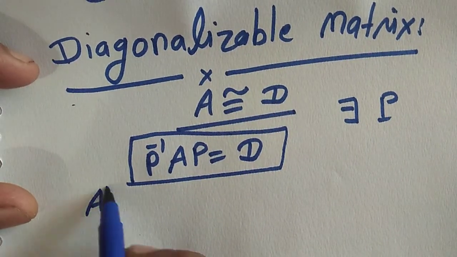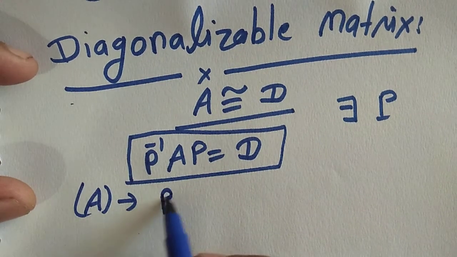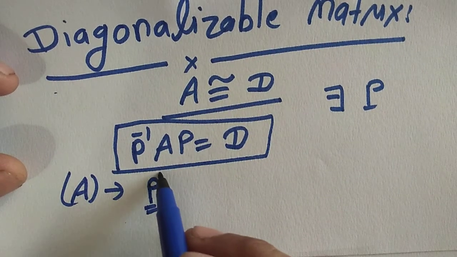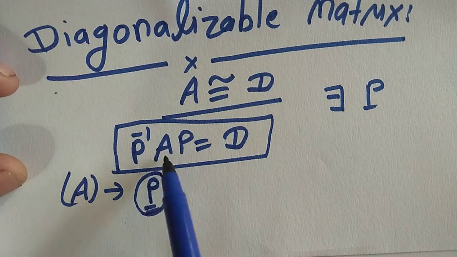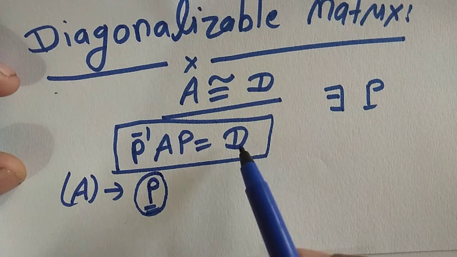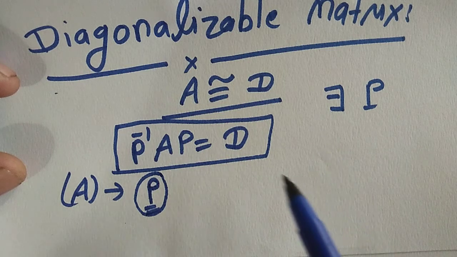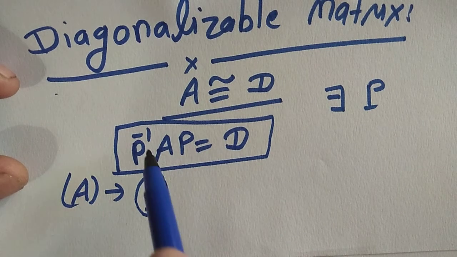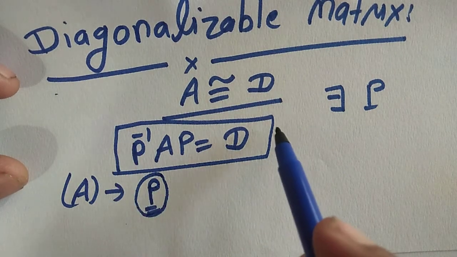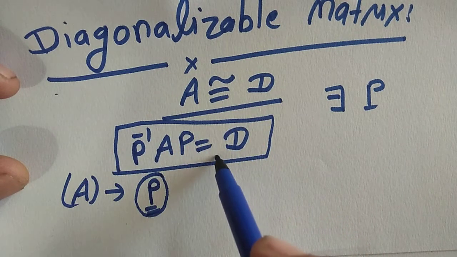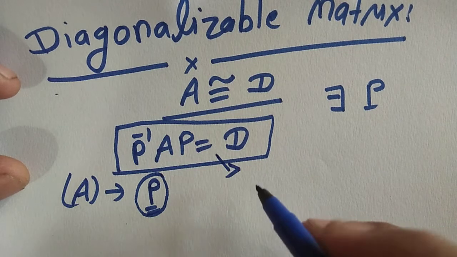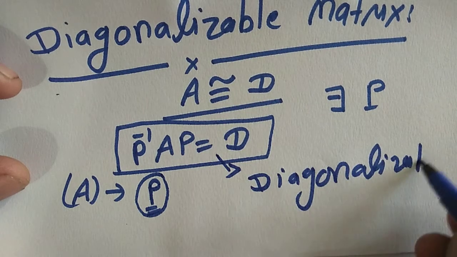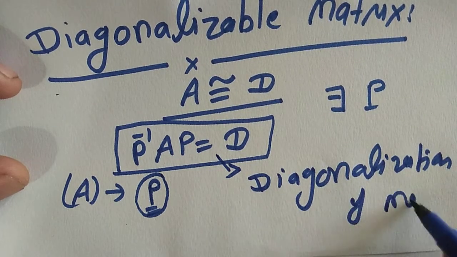If A is a 3 cross 3 matrix and A has 3 independent eigenvectors, then P will be the modal matrix. Then P inverse AP equal to D, and this D is the diagonal matrix with the entries being eigenvalues. So this P inverse AP equal to D, the whole process for finding this is called diagonalization of the matrix.